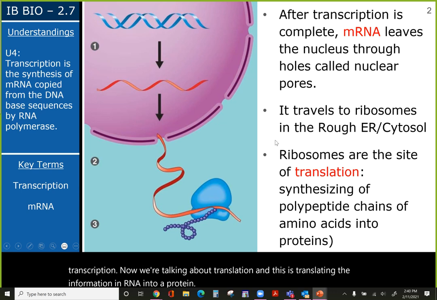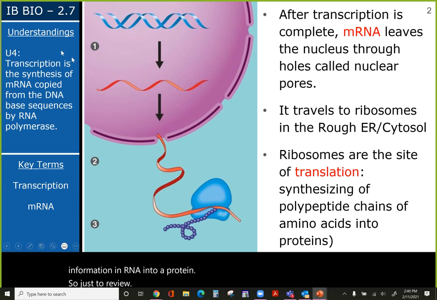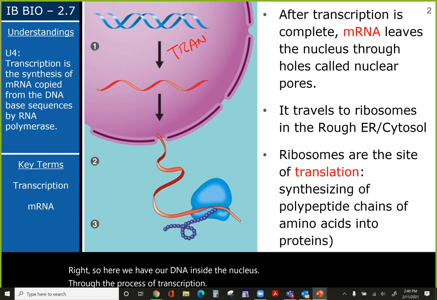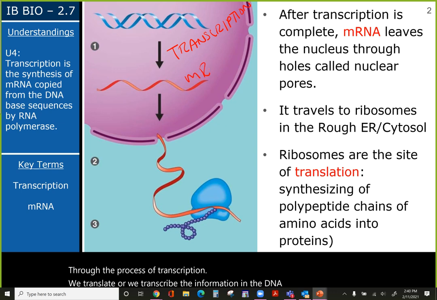So just to review, this is kind of like the whole process, right? Here we have our DNA inside the nucleus. Through the process of transcription, we transcribe the information in the DNA into mRNA.